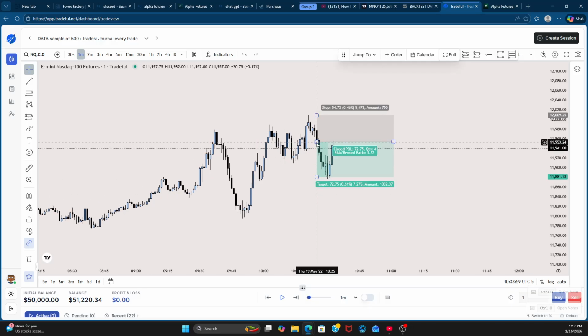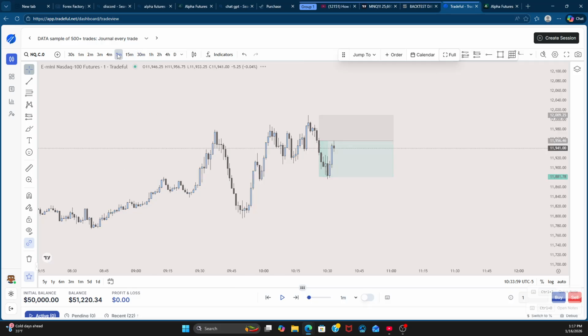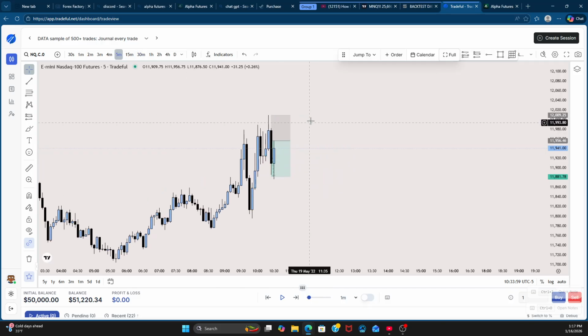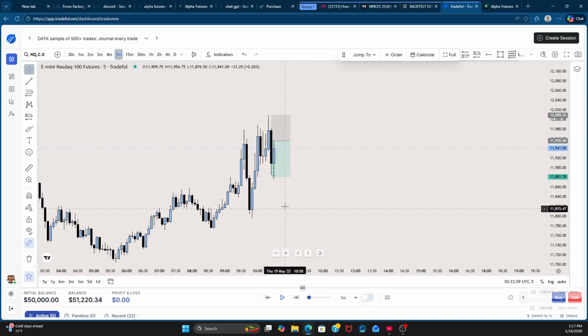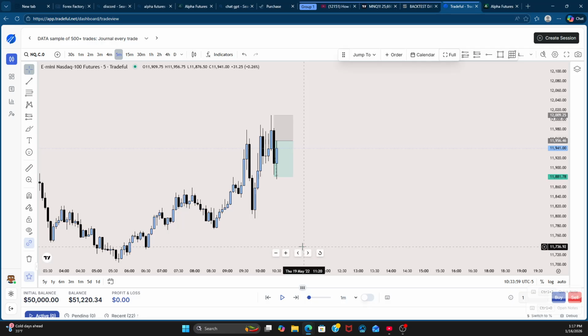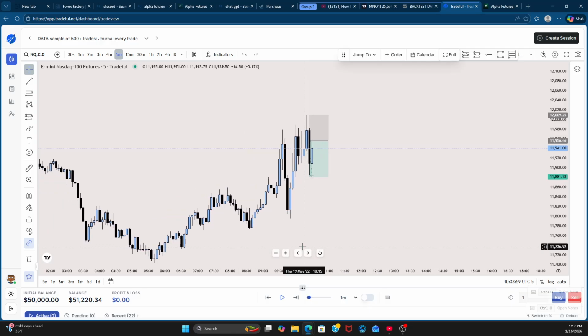Yeah, it's because my entry wasn't right there. Reality, if I got in right here, that would have been a 1-to-1. There's no way this was a 1-to-1 and I just missed it. Hold on. No, we're taking this. I'm retaking this.